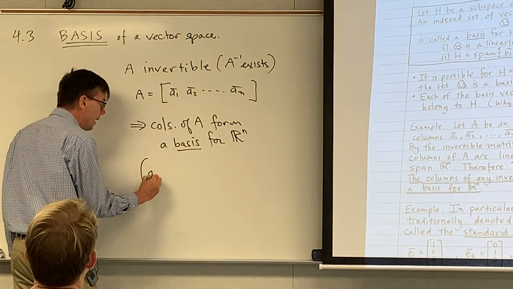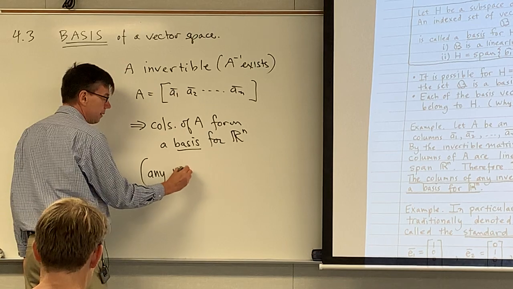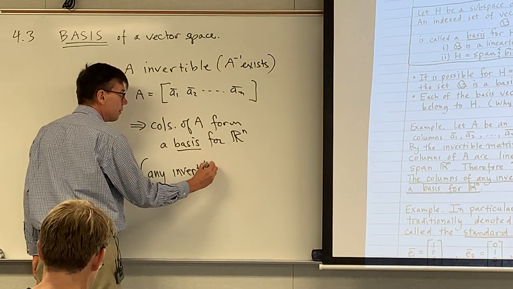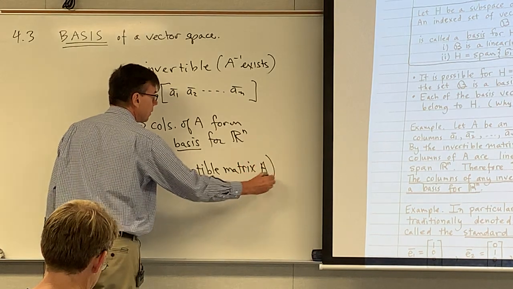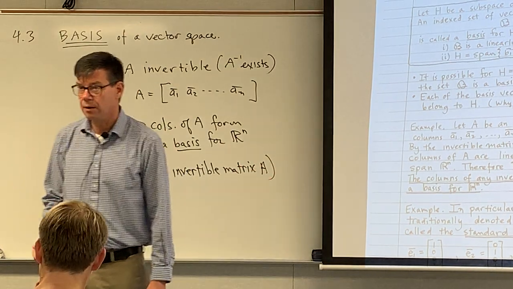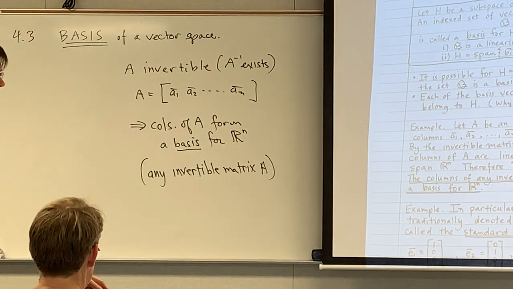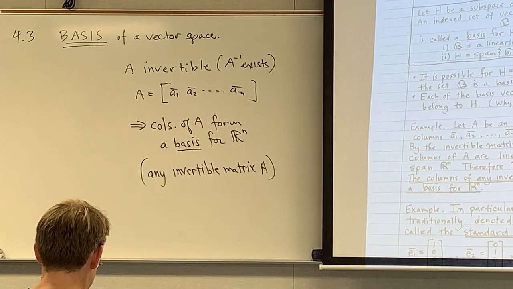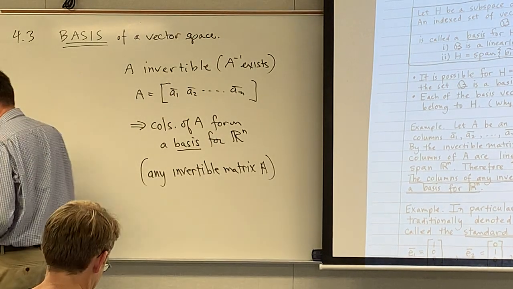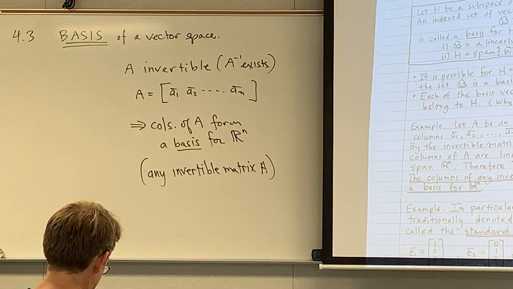And that's any invertible A. All right, so there are lots of these bases for Rn, because there are lots of possible invertible matrices, right? So worth thinking about that idea.